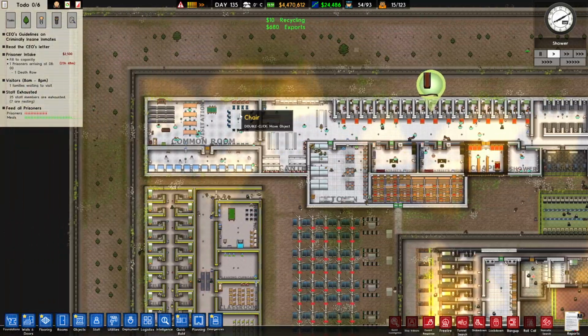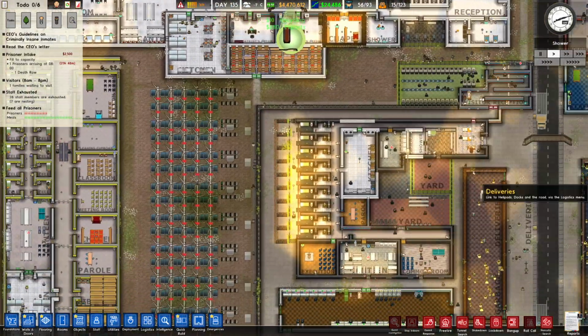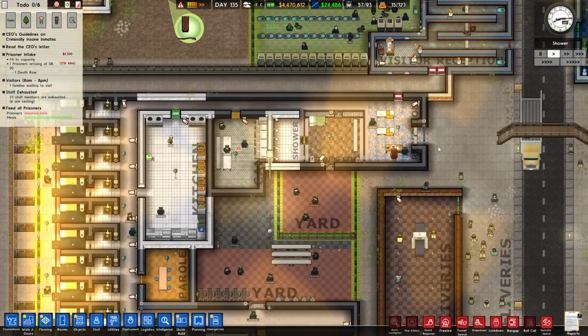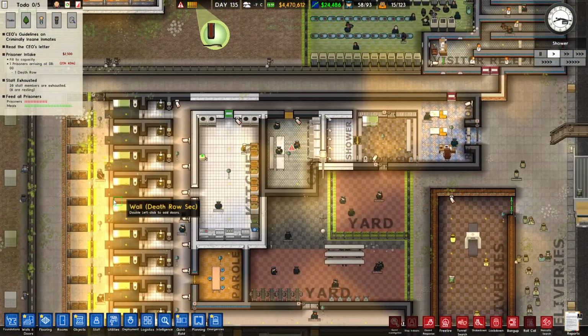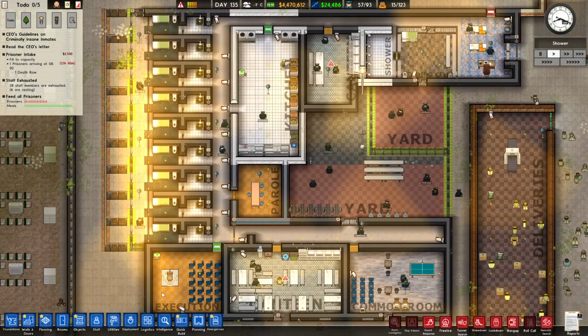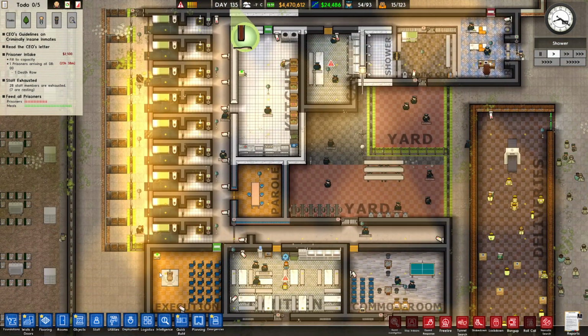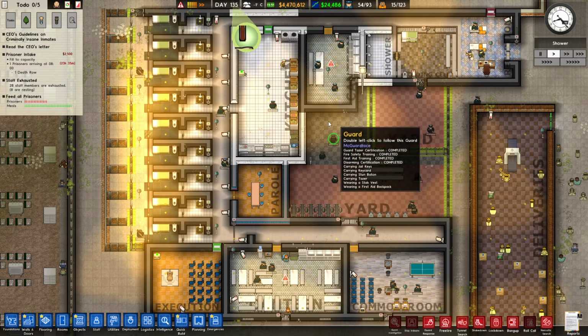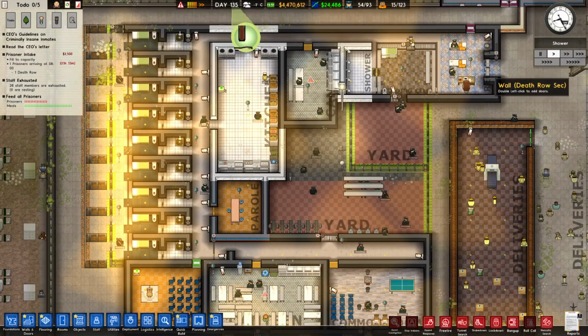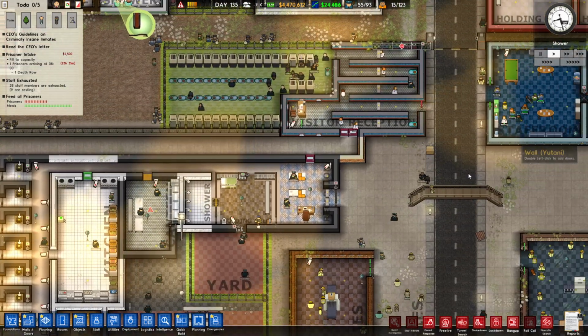Have you taken us to the block already? Am I too slow? I don't think so. I don't think they have. Where's the prisoner bus?